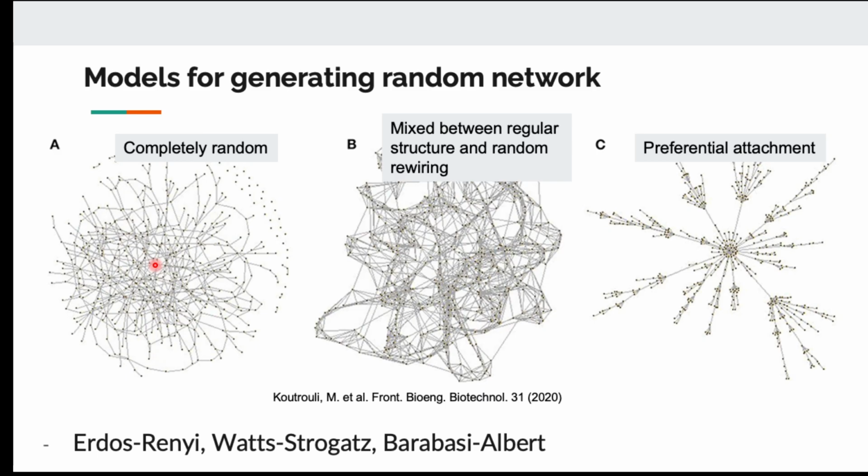People found that this is not a good way to generate a network because you can see that there are many nodes that are not connected to anything. So this kind of randomizing, even though it's random, doesn't give you something that resembles biological networks. In biology, we don't have these singletons.